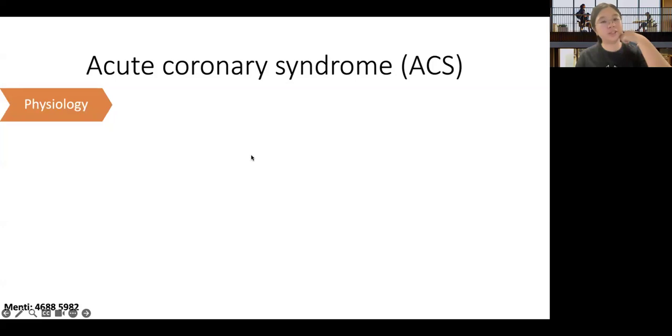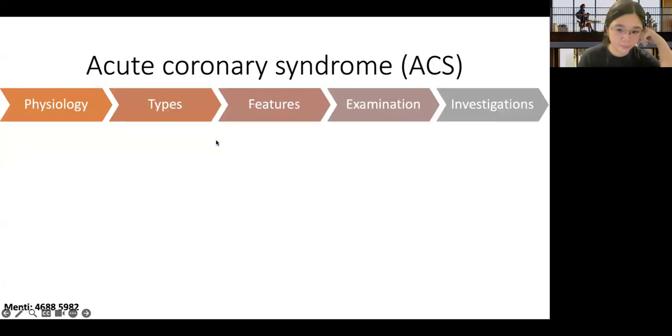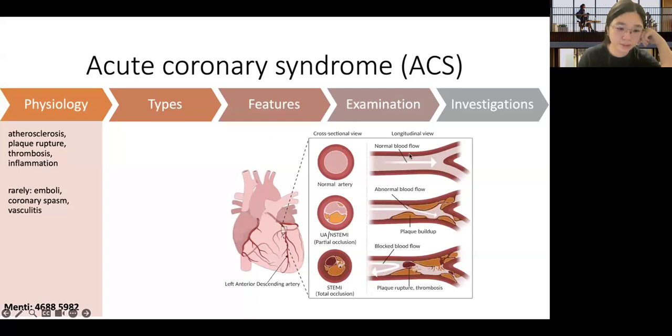So the physiology of ACS is that you have fatty deposits in the wall of the blood vessels, and this is called atherosclerosis. Over time, you have plaques, and there's a whole inflammatory process which I'm sure you learned about in pre-clinicals.